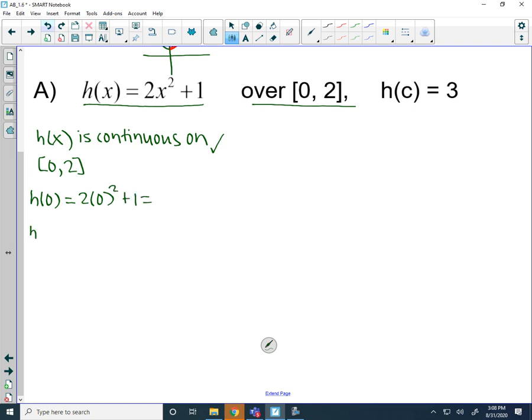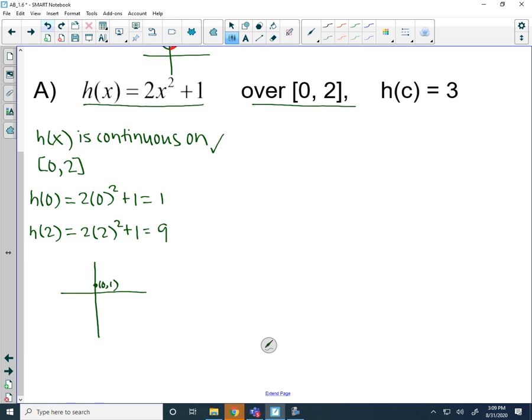If we plug the second endpoint into the function at x equals 2, we get 9 back. So let's just think about this from a logical standpoint. Here's what we know is going on. We know that we have the point 0, 1 on our graph, and we know we have the point 2, 9 on our graph.